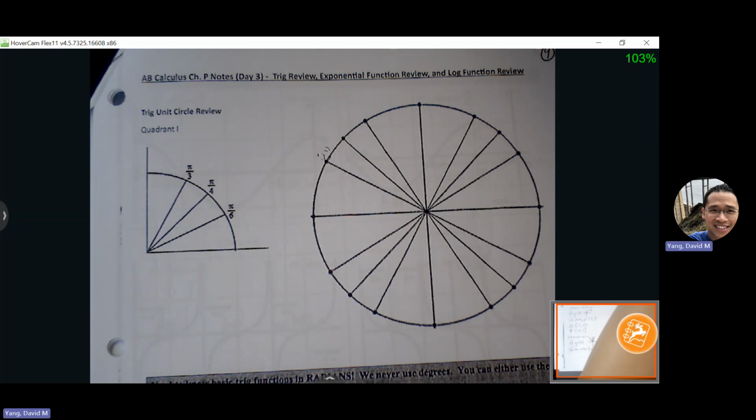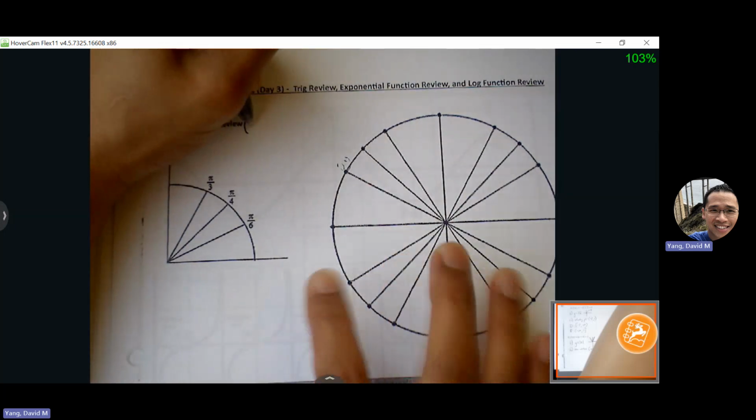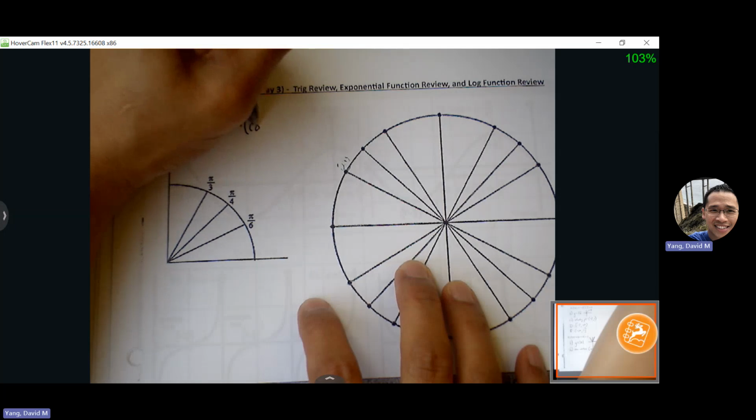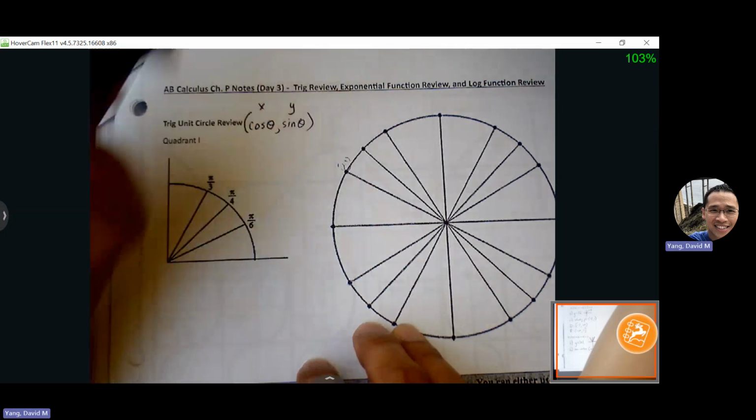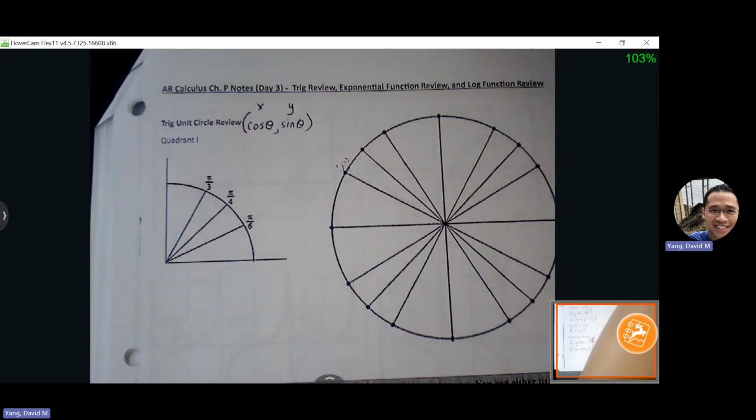All of our ordered pairs are telling us about cosine and sine values. We're going to create all these ordered pairs, and in all of them, x is going to represent your cosine, and y is going to represent your sine. The most important quadrant is the first quadrant, because if we can figure out the first quadrant, then everything else is just variations of those ordered pairs, with maybe the signs being a little different for the ratios.